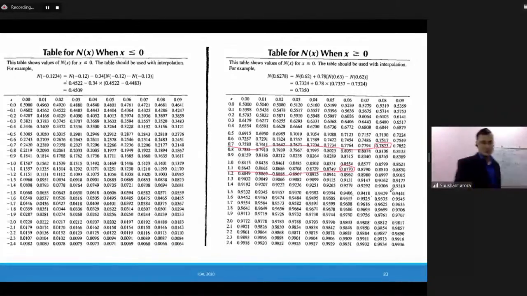Sorry if the font is too small. You can see it from your tables at home.